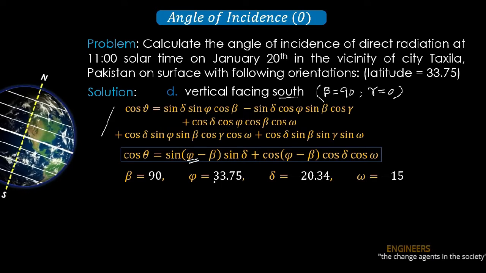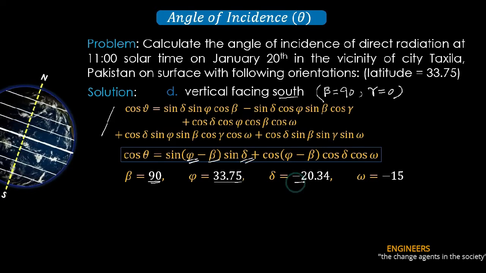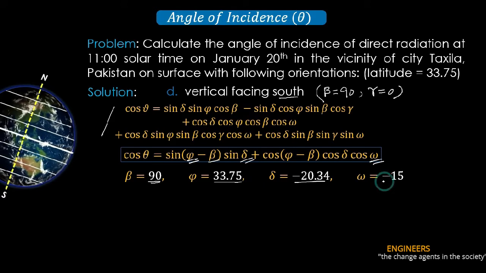The value is 33.75. The value of beta, again, that is 90 degree, and the value of declination on 20th January that we have already calculated, the value is minus 20.34, and the value of our angle omega that we have also calculated, the value that is minus 15.